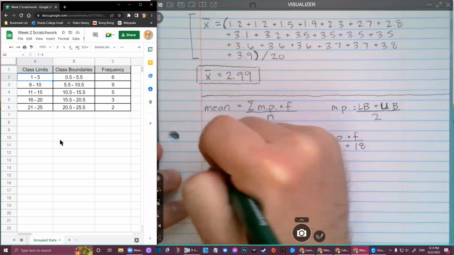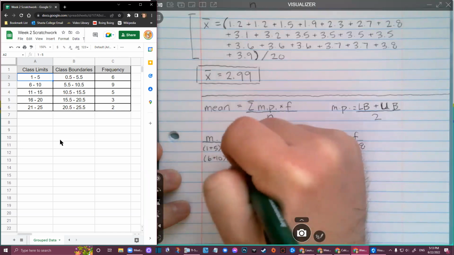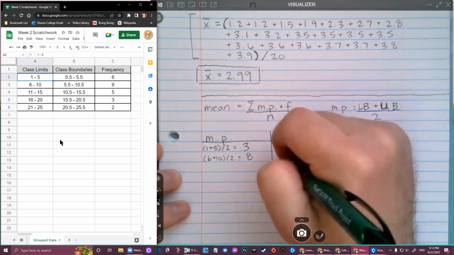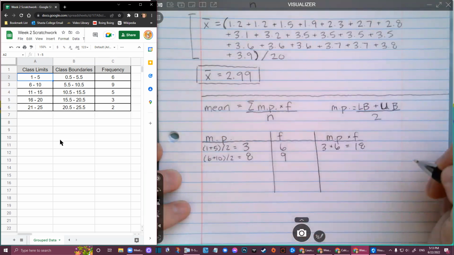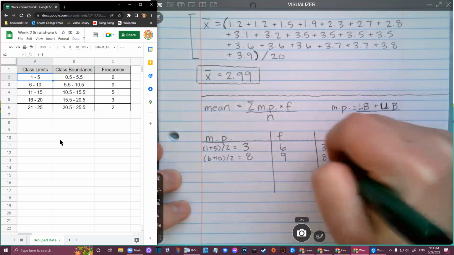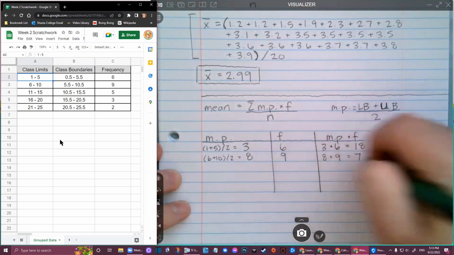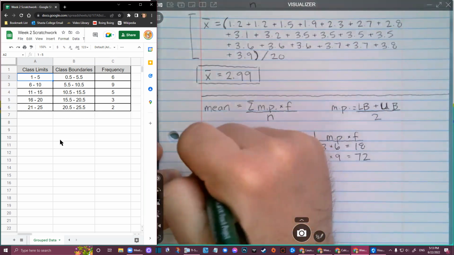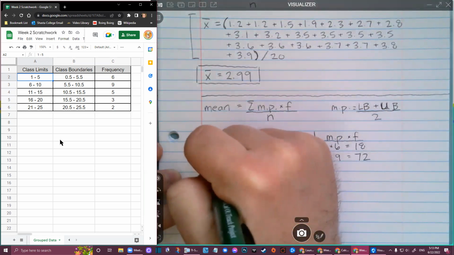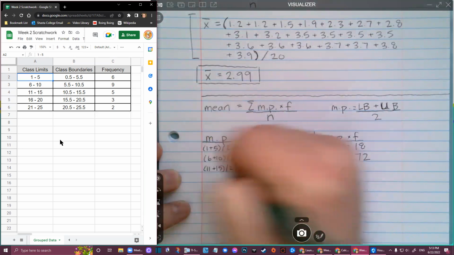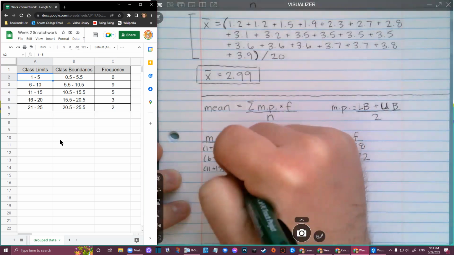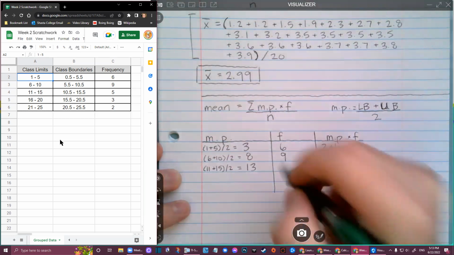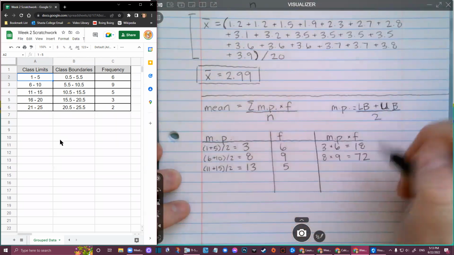So 6 plus 10 divided by 2, that's 16 divided by 2, that's 8. We have a frequency of 9, and 8 times 9 is 72. Next class, we've got 11 plus 15 divided by 2, that's 26, half of that is 13, and a frequency of 5.